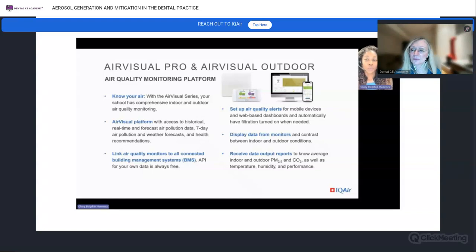That's what we do with the Air Visual Pro and also the Air Visual Outdoor. It is our air quality monitoring platform, and it's very important that you, as a facilities owner, understand the state of your air quality so that you can improve it and make it better at all times. That's what this allows you to do.